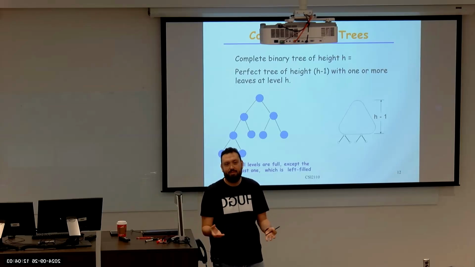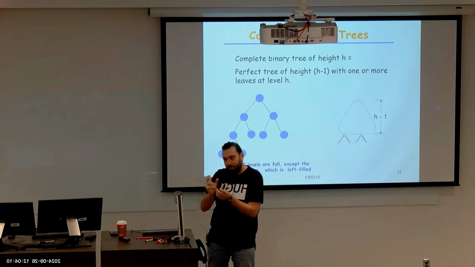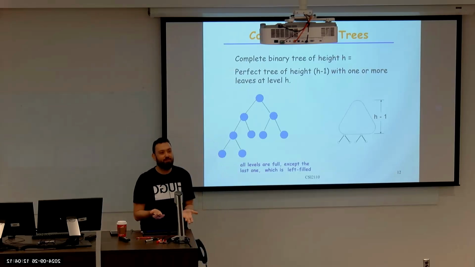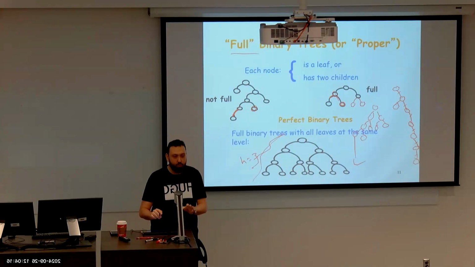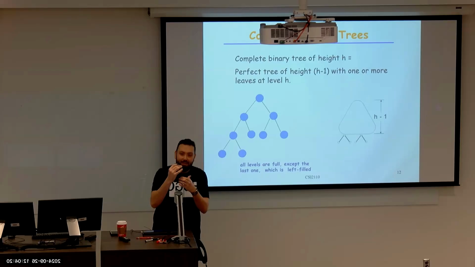Because life is not perfect. It's very rare that you're going to have a perfect tree. So we also need to come up with something that is almost perfect. True? Because your data is not always going to be like this. It's not going to always happen. So we need to come up with something almost perfect.